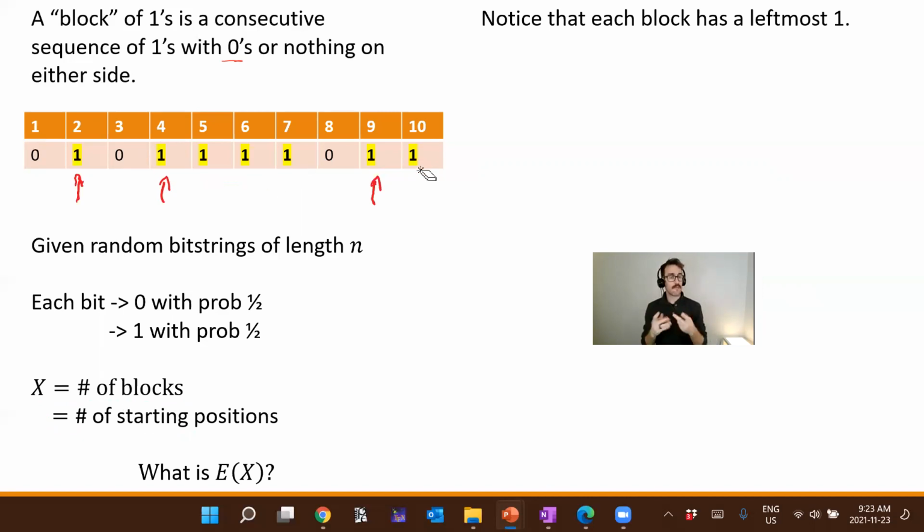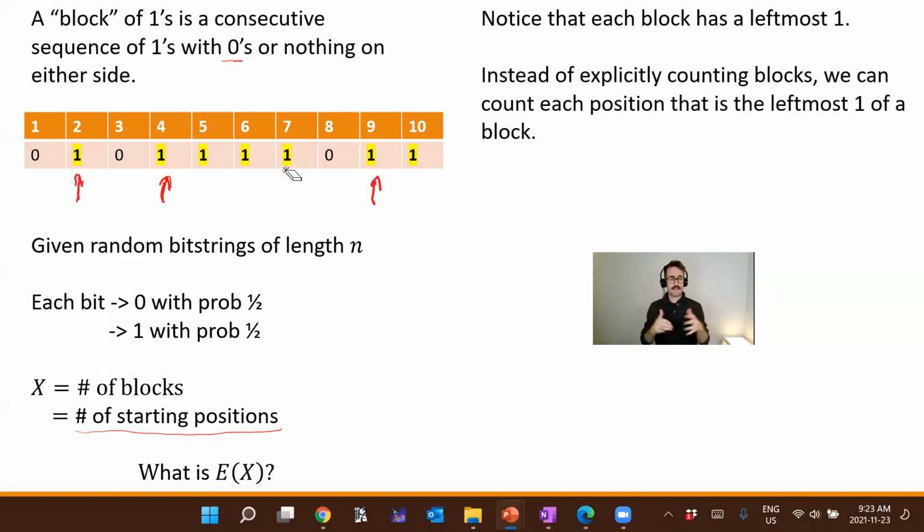Instead of trying to figure out all the ways I can have a block starting at location 4 and count all the different lengths it could have, and then take into consideration that there's another block to my right, here all I'm going to do is look at the starting position. I don't care about the length. I don't care about anything else. I'm just going to count the number of starting positions I would expect to see.